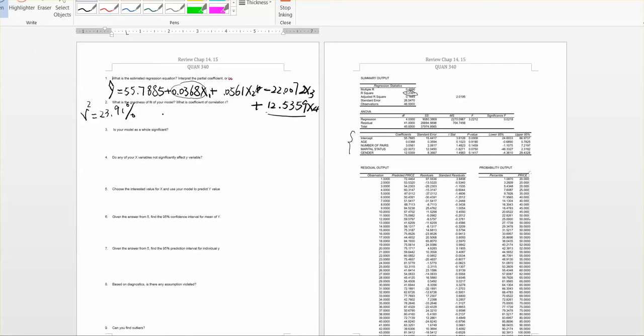The next question is: where can we find R, the coefficient of correlation? The coefficient of correlation comes from multiple R plus the sign of the slope. Here it is 0.4890. If we look at the simple linear regression model, we still have a sign, which depends on the sign of the slope.